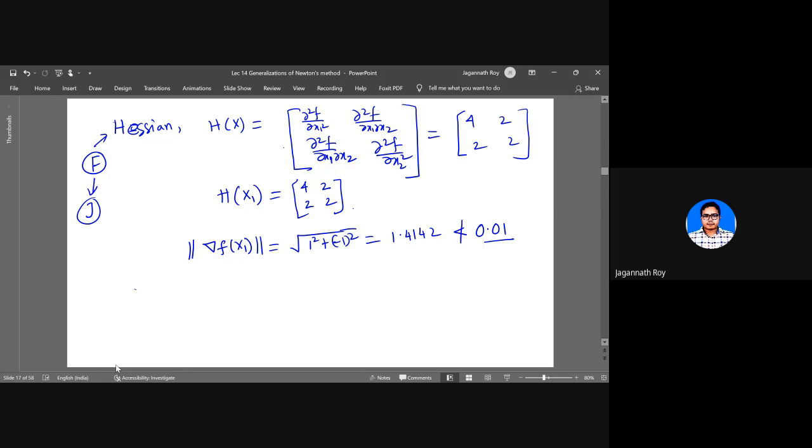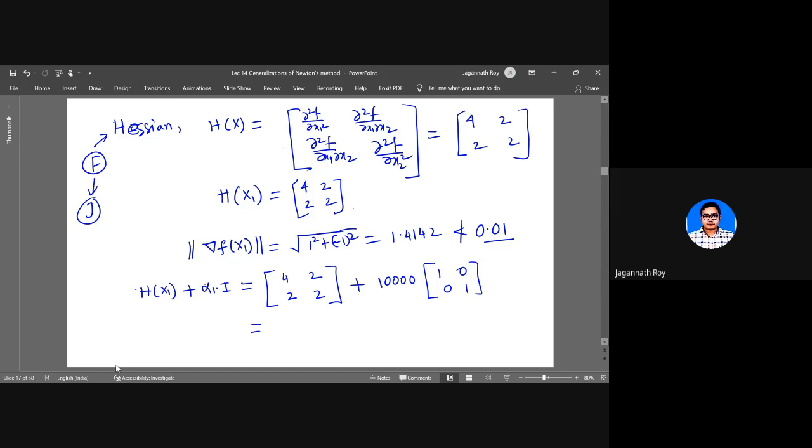So how do we do that? What we have to find is H of x1 plus alpha 1 into I. Let us find out. So this is 4, 2, 2, 2. Alpha 1, we have assumed 10 to the power 4, or let us write 4 zeros, and the identity 1 0 0 1.